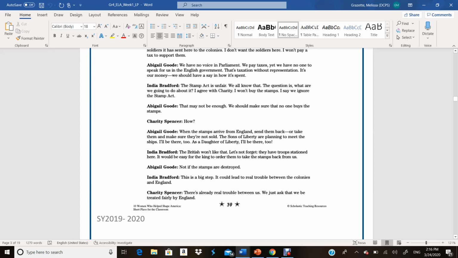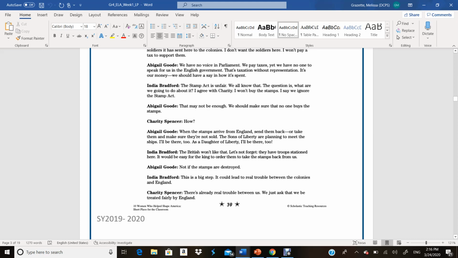Charity Spencer: How? Abigail Good: When the stamps arrive from England, send them back or take them and make sure they're not sold. The Sons of Liberty are planning to meet the ships. As a Daughter of Liberty, I'll be there too.